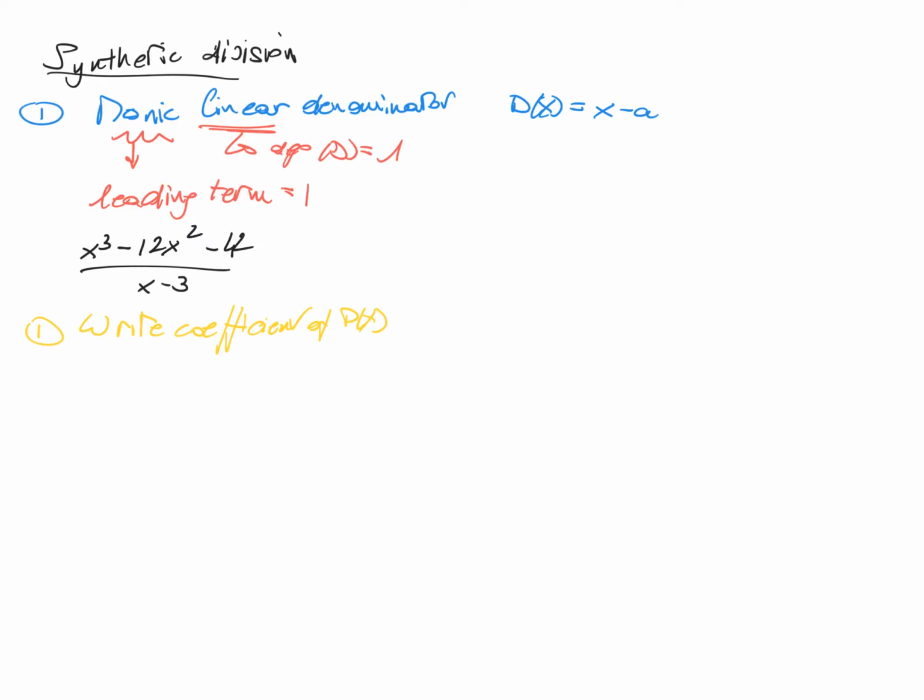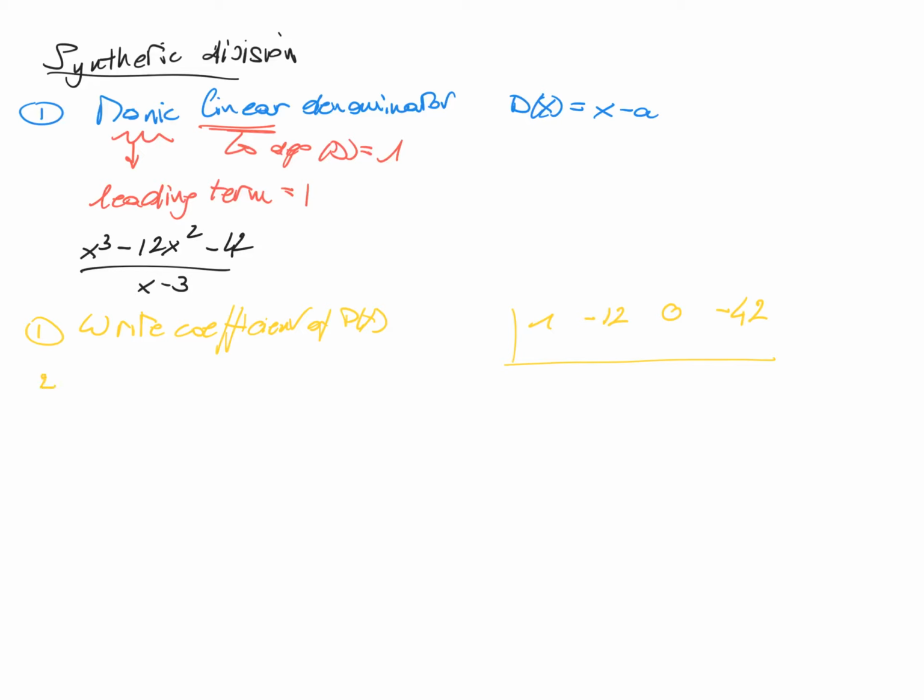So this gives me then the coefficient is 1 for x to the power 3, minus 12 for x to the power 2, 0 for x. So we have to write down every coefficient, even if it is 0, and then minus 42 for the constant term. So these are now the coefficients of p of x.